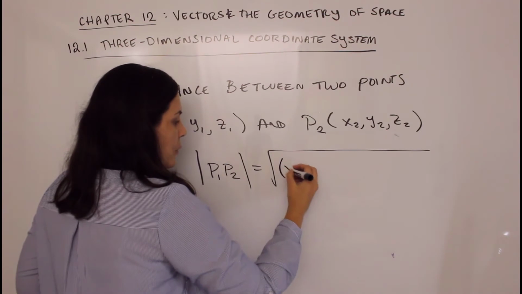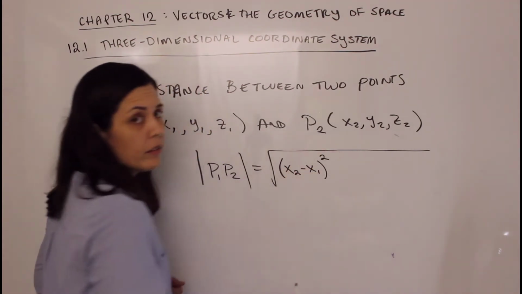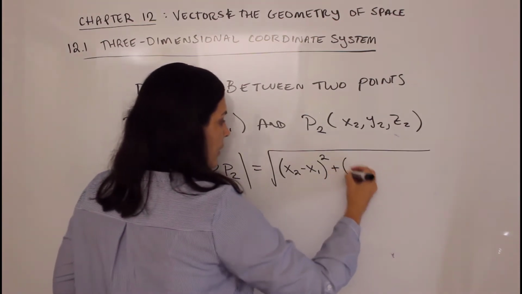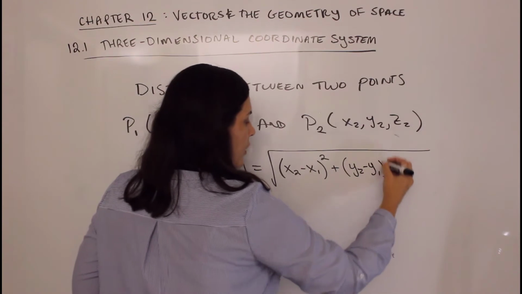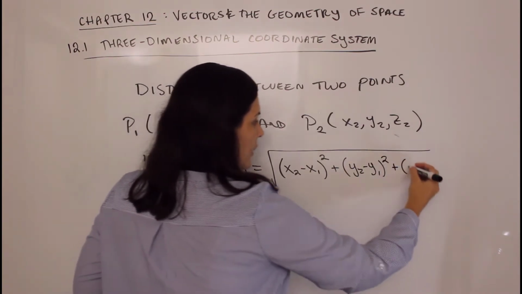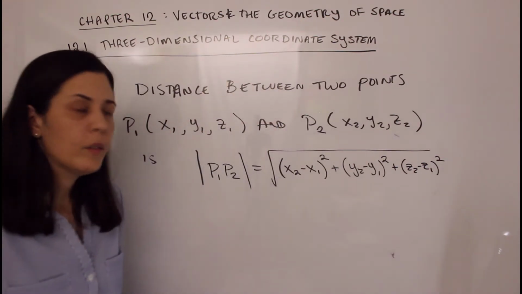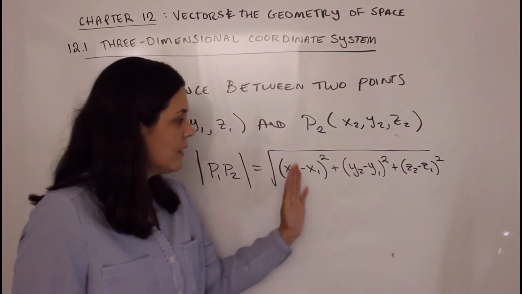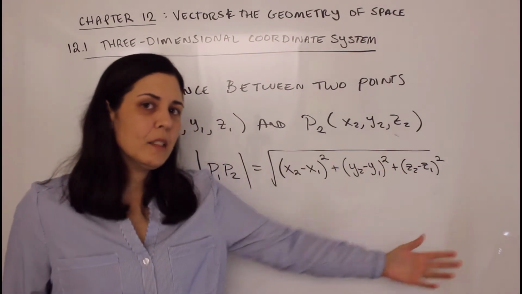So we have the distance between the x coordinates, x2 minus x1 squared. Then we start adding: the distance between the y coordinates, y2 minus y1 squared. And then last, z2 minus z1 squared. So it's just the square root of the sum of the squares of the distances between the coordinates.